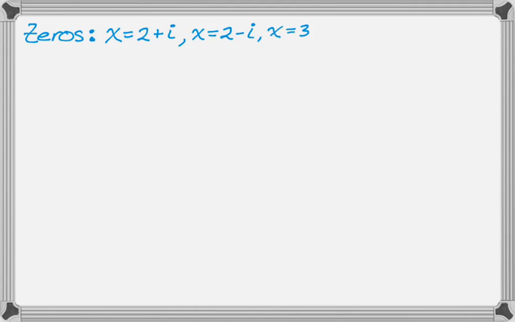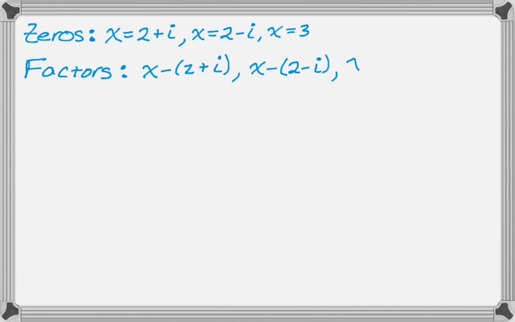In this case, the zeros are x equals 2 plus i, x equals 2 minus i, and x equals 3. Complex zeros are also going to come in conjugate pairs. So if 2 plus i is a zero, then you know that 2 minus i is also a zero. Be on the lookout for that. Let's write our factors. It's x minus the quantity 2 plus i, x minus the quantity 2 minus i, and x minus 3.